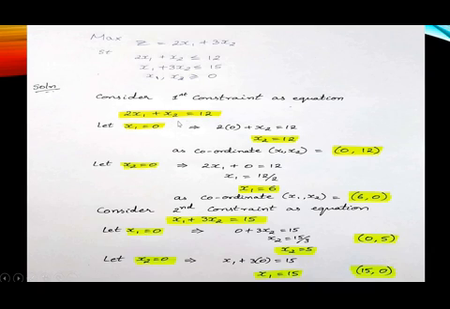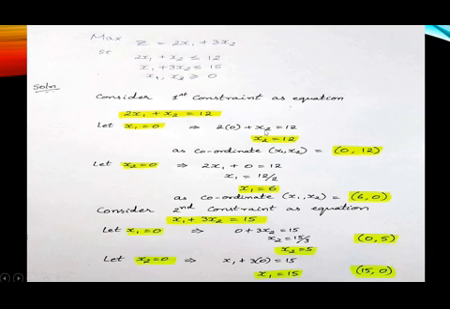So in this equation, for the first time, I will put x1 is equal to 0. What happens? 2 into 0 plus x2 is equal to 12. So 2 into 0 is 0. We can skip that.